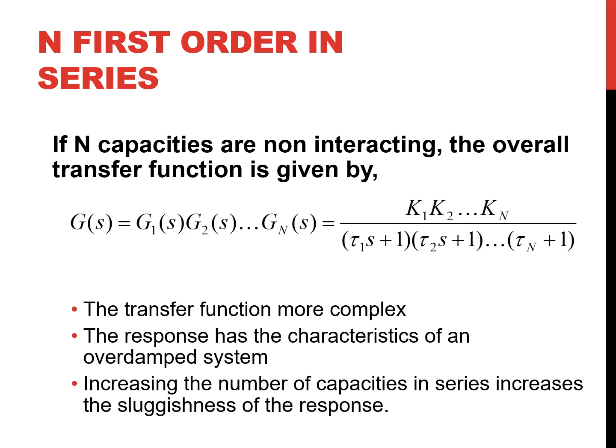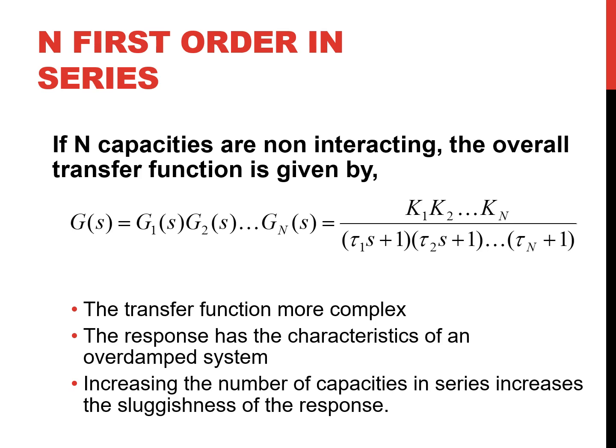So you will get the overall transfer function for the given process. Of course, the transfer function will become more complex because you have additional power of s, and usually you will have the characteristic of an overdamped system. And if you have a lot of tanks, then usually the response becomes sluggish.